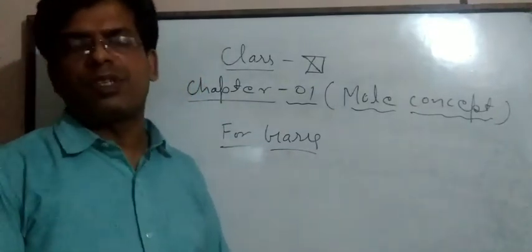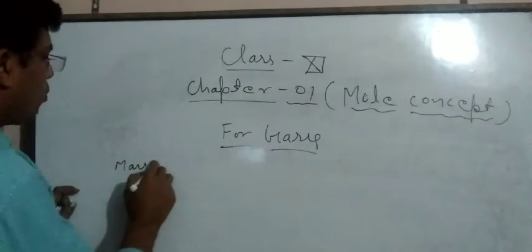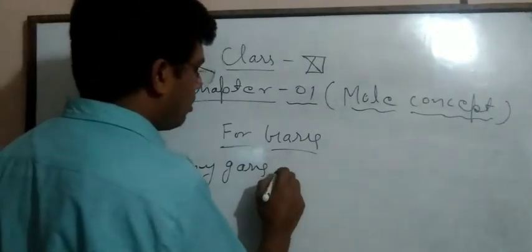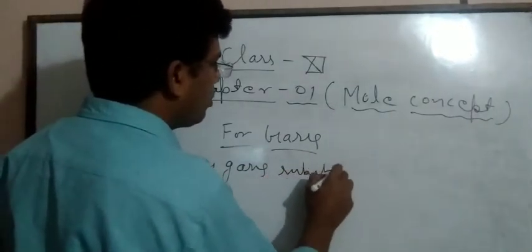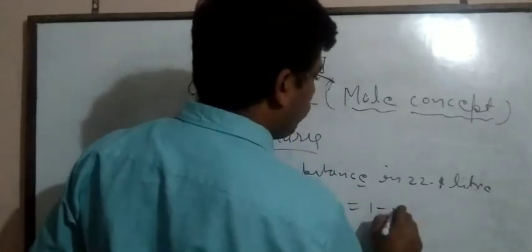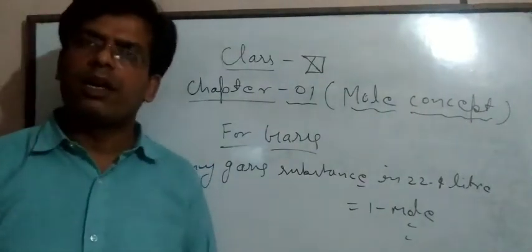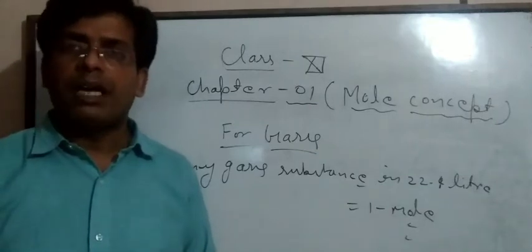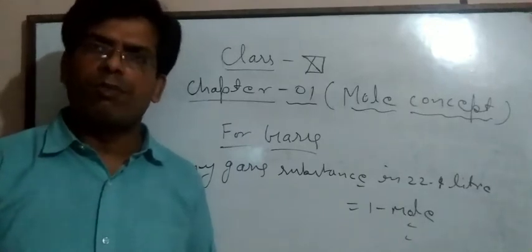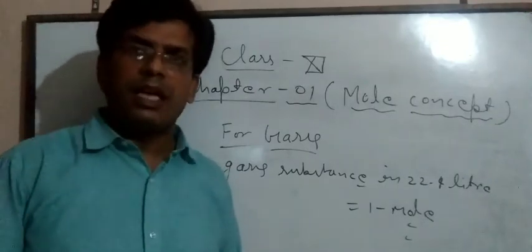Whatever the mass of a gaseous substance present in whatever volume, if you calculate the mass of any gaseous species in 22.4 liters, that will be equal to 1 mole.